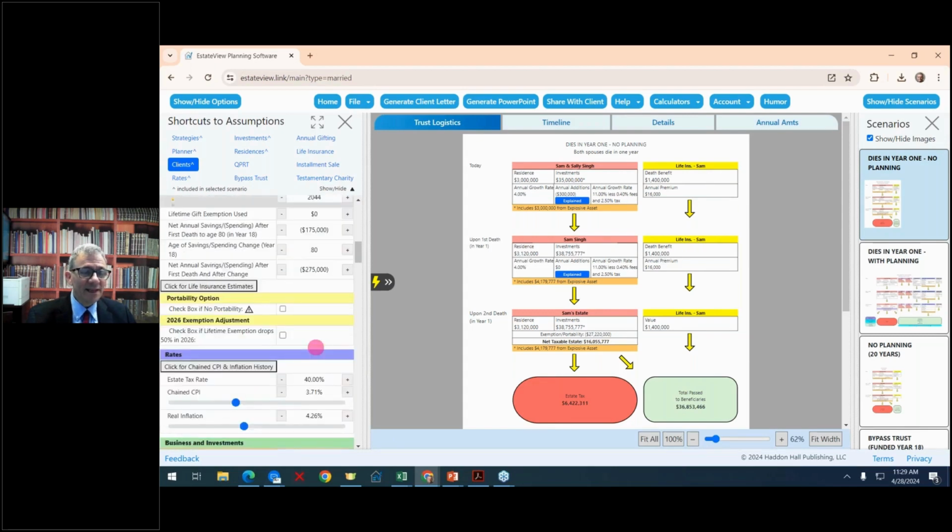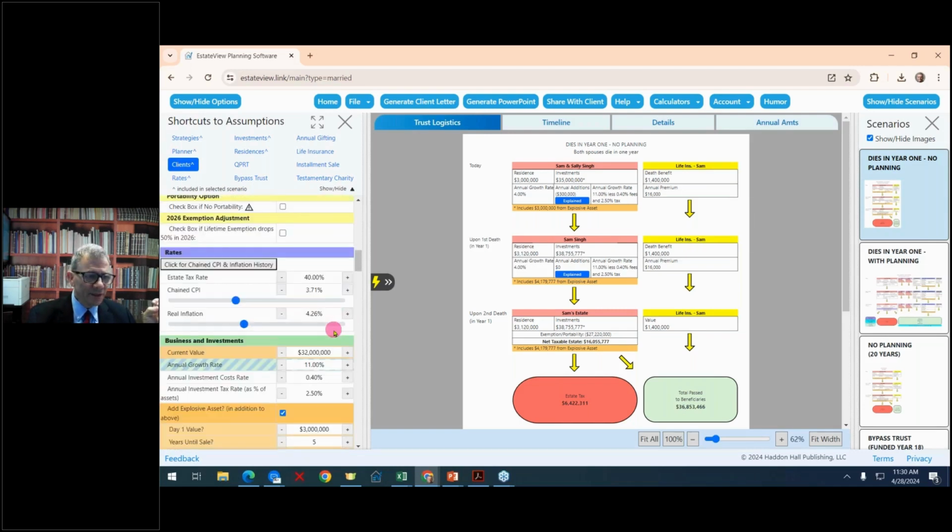And then I can input what I believe they'll be bringing into the household, being their salaries plus their Social Security minus their spending, to know whether they're adding to their portfolio each year or taking money out, first during the lifetime of the first to die spouse, and then during the lifetime of the surviving spouse.